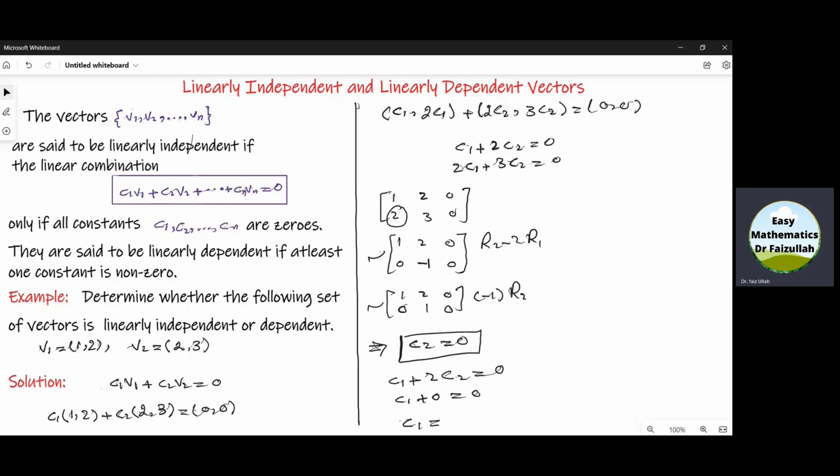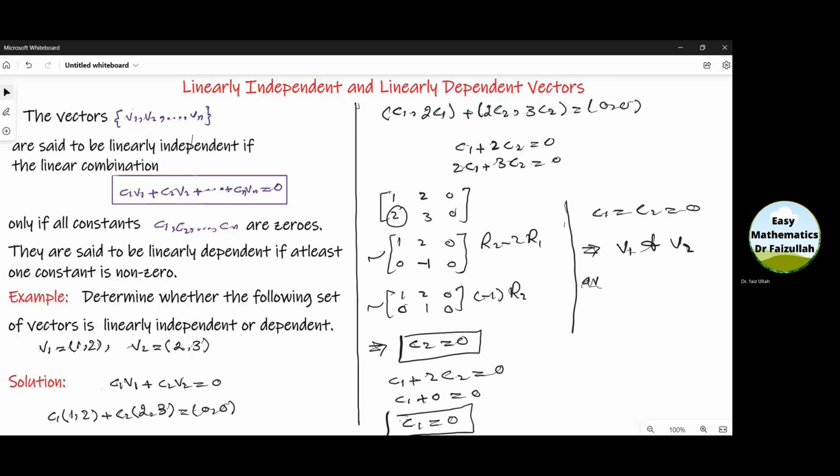From this we get C1 is equal to 0. So we can see that both constants C1 and C2 are zeros. So this implies the vectors V1 and V2 are linearly independent.